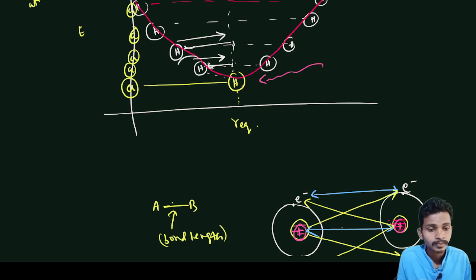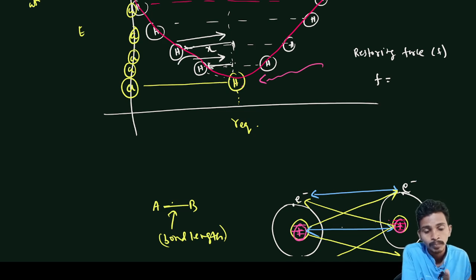Let's say that restoring force is F, that is opposite to whatever you are pulling. So how much are you pulling from this R equilibrium to this distance? Let's say from this distance to this, this is X. Then that restoring force F is applied opposite to whatever you are pulling the hydrogen towards that chlorine, so we put minus, and that is directly proportional to the distance you are pulling.